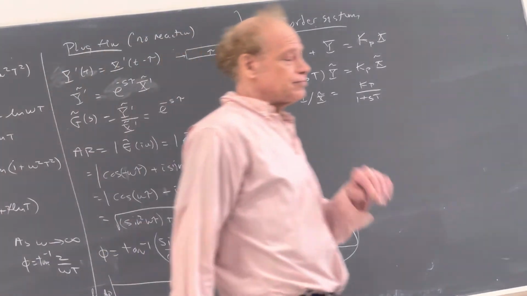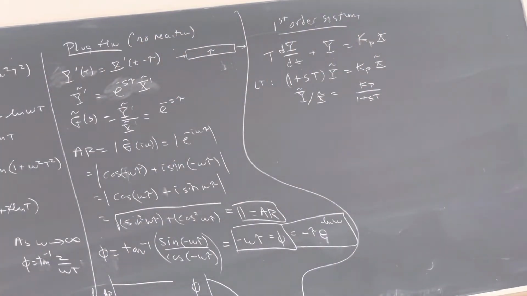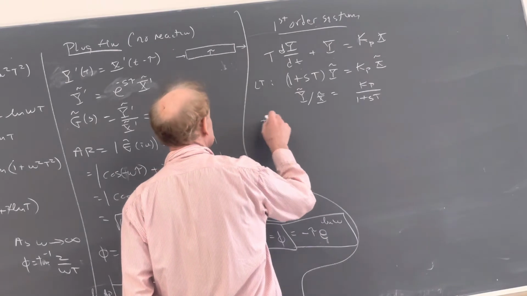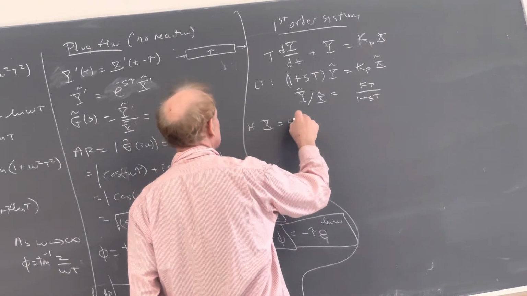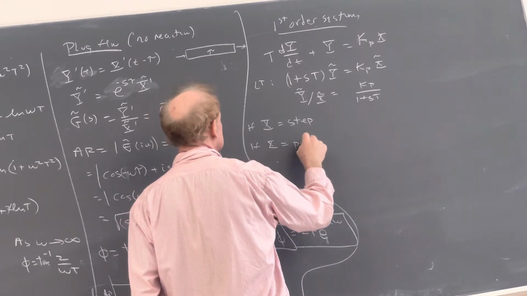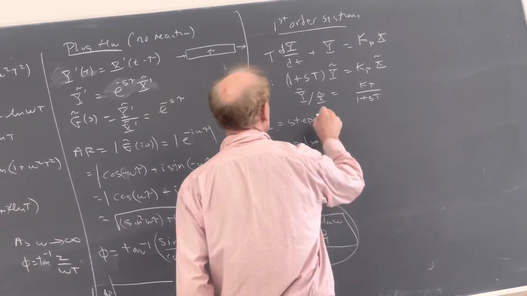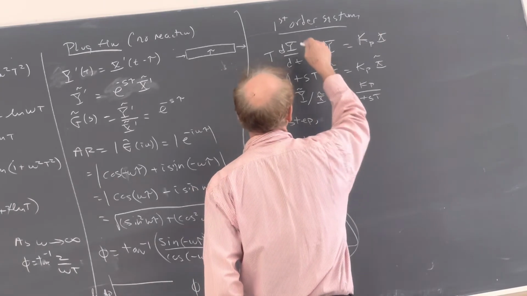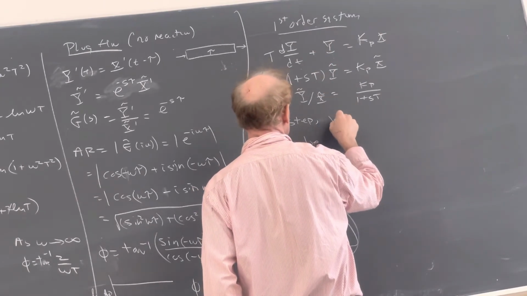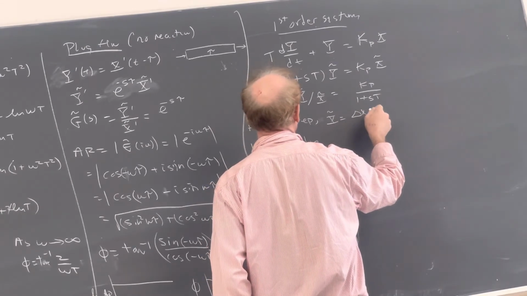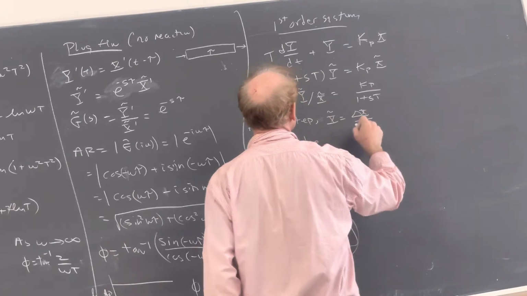And to be explicit, let's look at what happens if x is a step, and if x is a pulse. So if it's a step, then x tilde is equal to delta x over s.